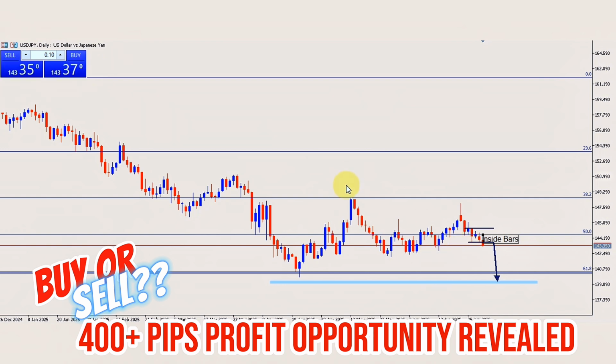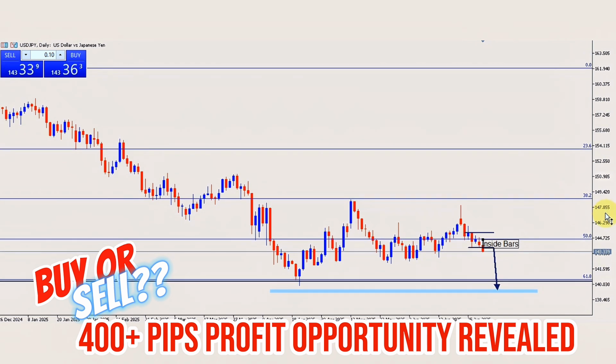Now, this is my daily time frame, and it is obvious from this daily time frame that the flow of this market is still down. If you look from left to right, you will see that the flow of this market is still down. But this is where you have to pay closer attention.